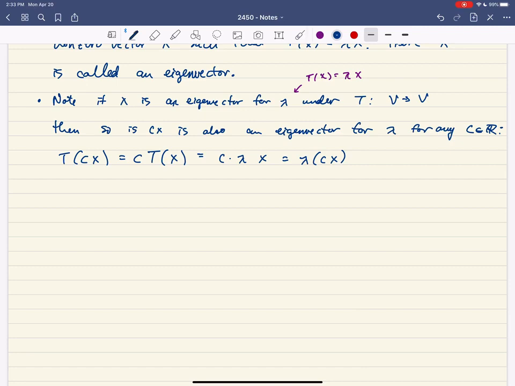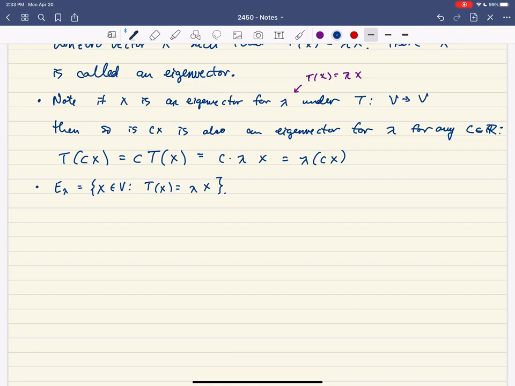If x is an eigenvector, so is any constant multiple, any scaled version of that vector. One other notion that's really important for us to study is what's called an eigenspace. We're going to describe E sub lambda. This is the set of vectors x such that T of x is equal to lambda x.